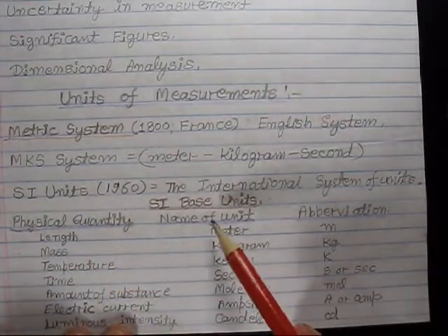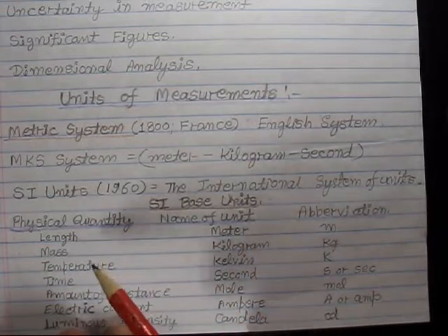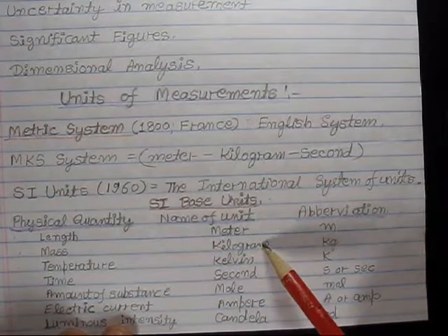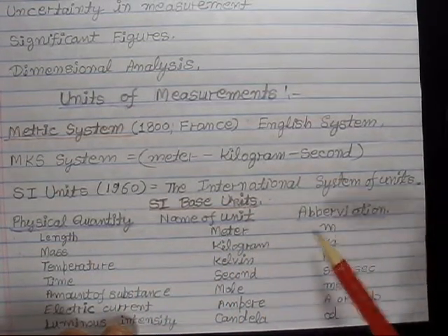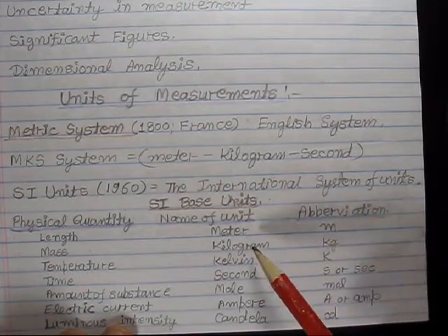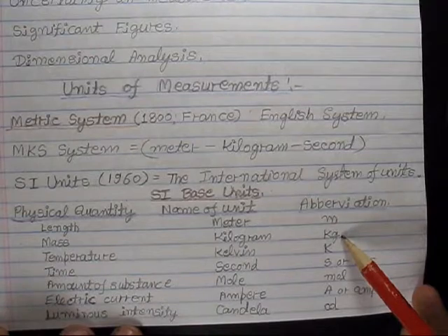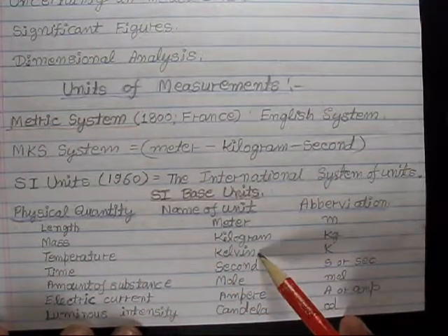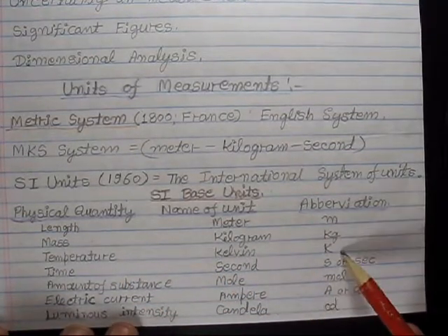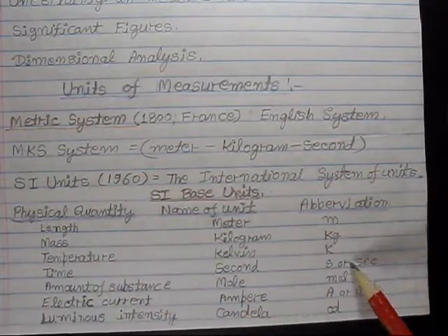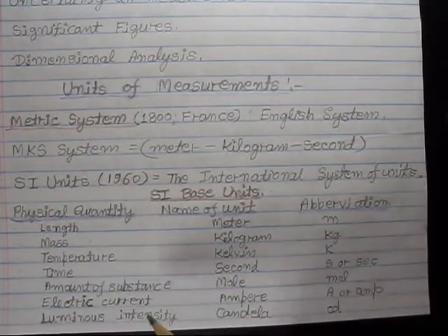Length has the unit meter, and mass is measured in kilograms. The abbreviation for meter is small m. The kilogram abbreviation has a capital K and small g. Temperature is measured in Kelvin, capital K. Time in second is small s or sec.